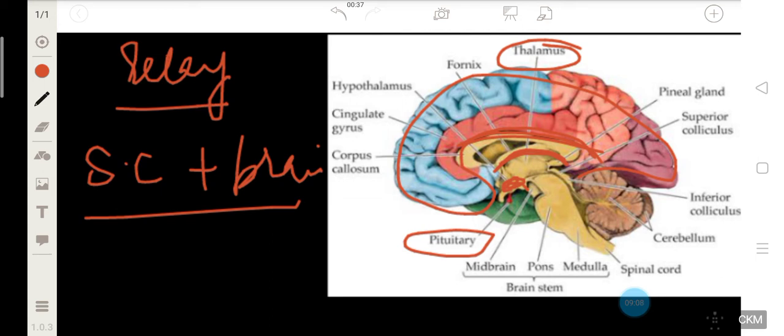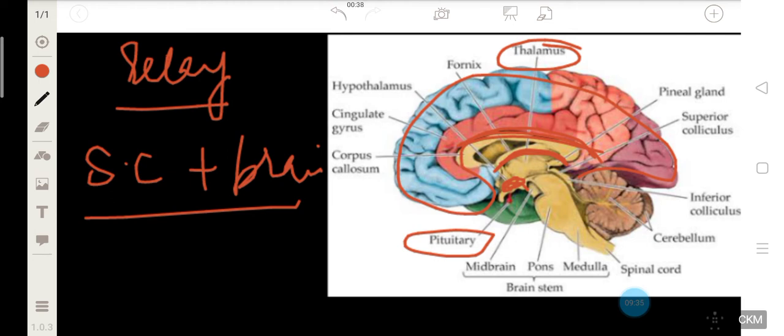Whatever stimulation comes from the sensory organs like eye, ear, skin, except the nose, there are 5 sensory organs as you know very well, all the stimulation received by the sensory organs, except the nose, first enters the thalamus, and then it is sent to the cerebrum.